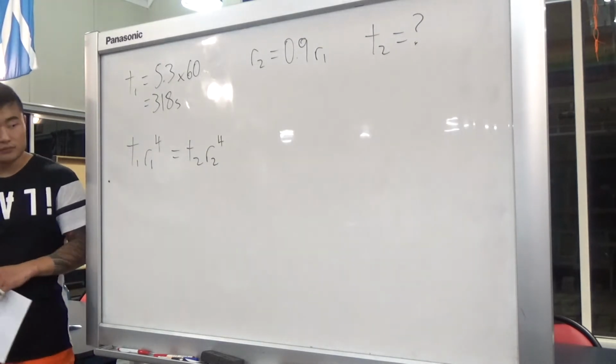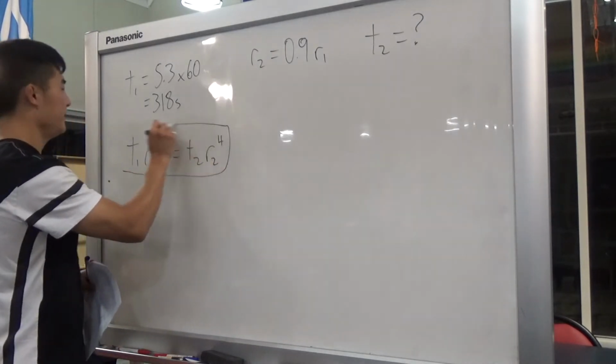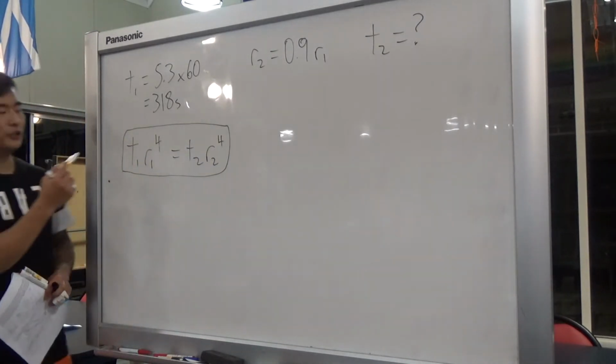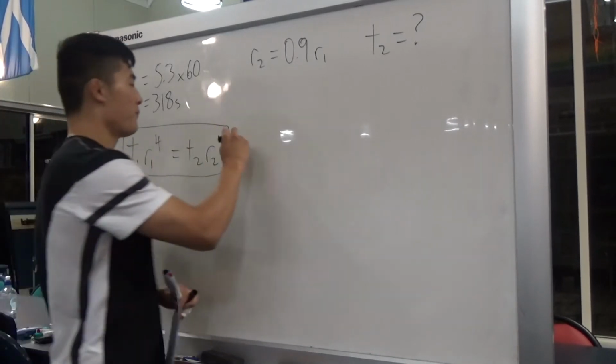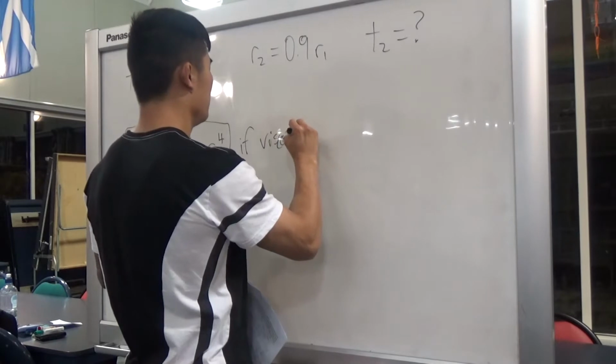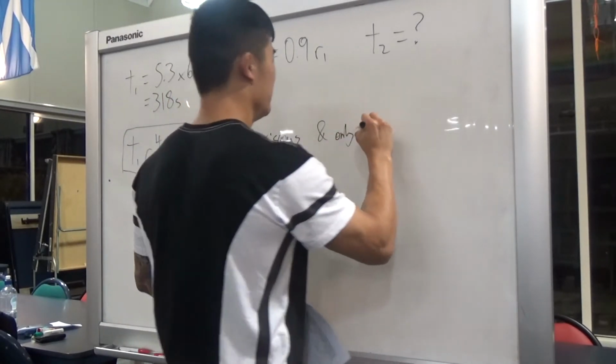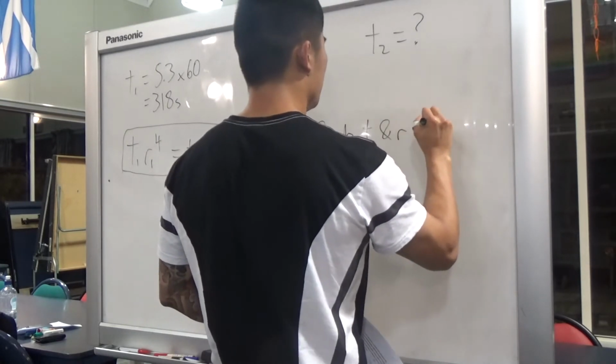Okay? So I'd recommend that. Just chuck this on your cheat sheet, and you can use this if it's a viscous fluid and only time and radius change.